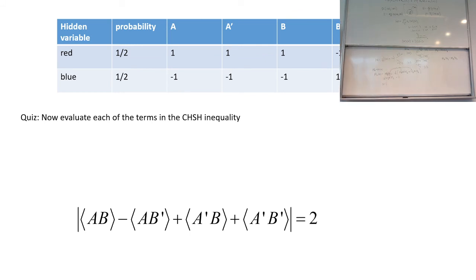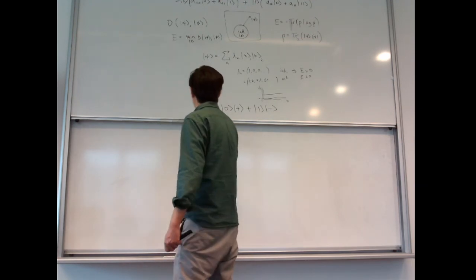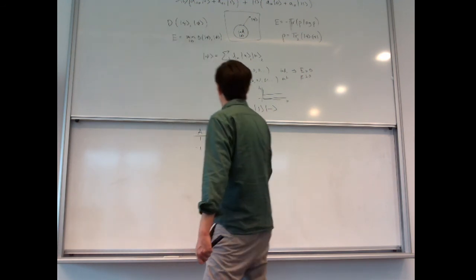So let's do each term by term. This term here, the average value of A times B. My rule here is 1, -1, 1, -1.